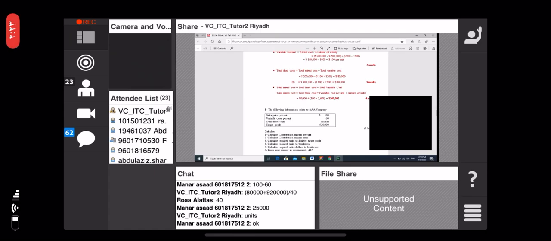And he asks you for number 4, required unit to break-even point. So break-even point will be equal what? By unit here, he asks you by unit. So fixed cost divided by contribution margin.